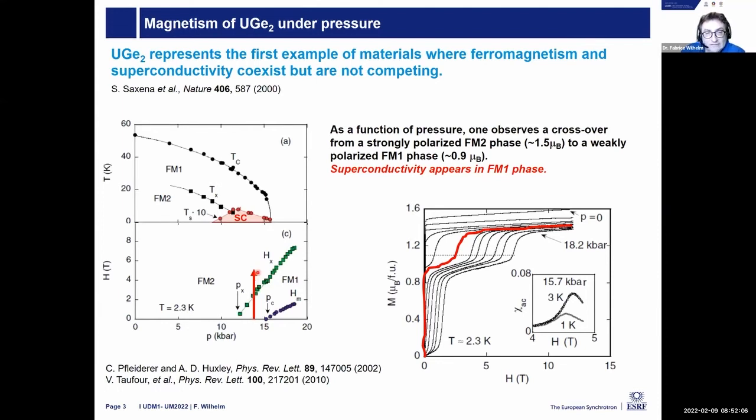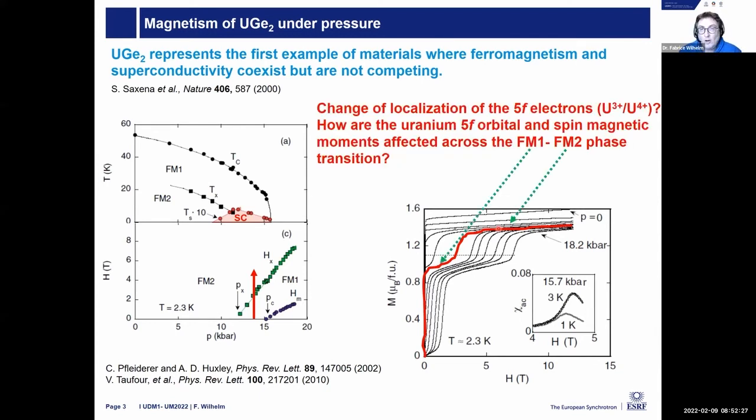And by increasing the magnetic field, we enter the so-called ferromagnetic phase 2. This is nicely observed when we plot the magnetization curve as a function of the field and of the pressure. You see there's a metamagnetic transition. The lower plateau is the so-called ferromagnetic phase 1, and the higher plateau is the so-called ferromagnetic phase 2.